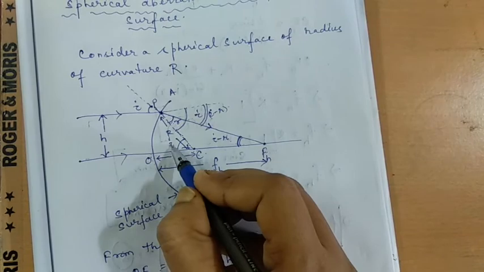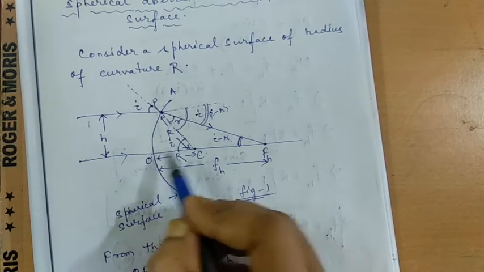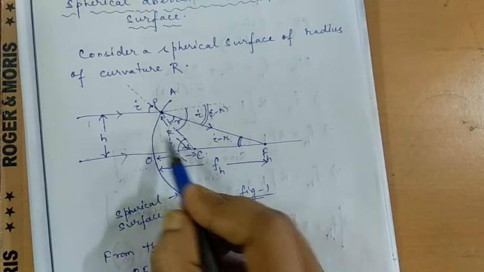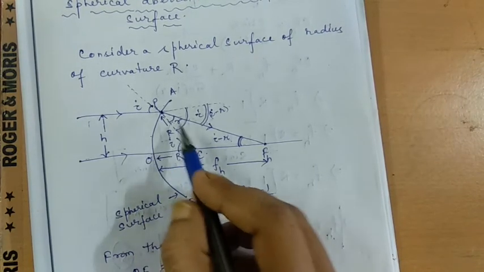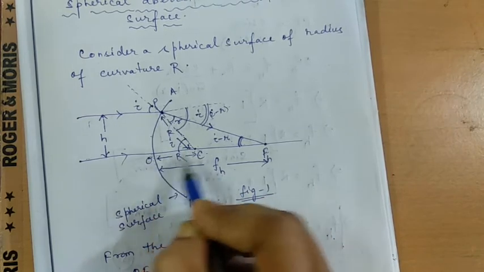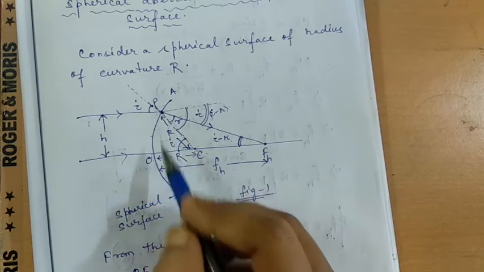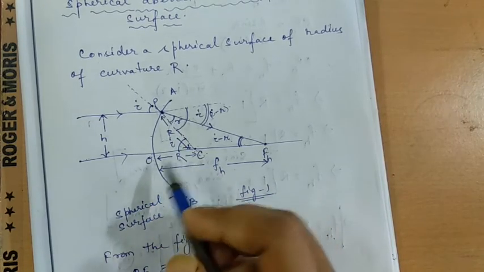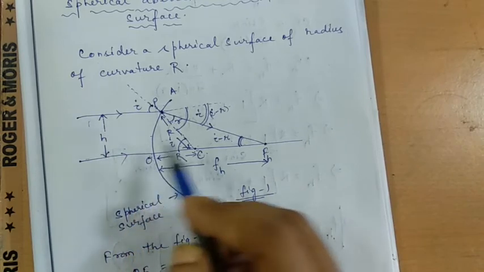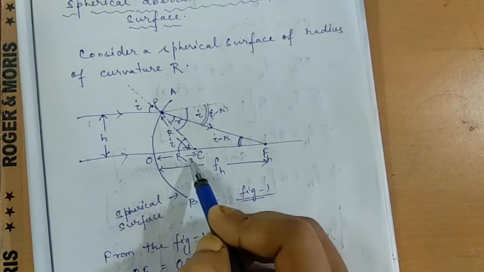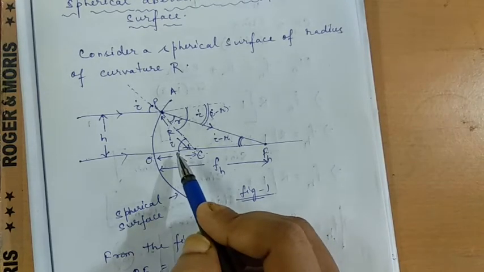So for sin i, the side in front of the angle is the perpendicular, and this is my base and this is my hypotenuse. So your sin i is equal to OP by OC. Now the OP value is h, and the OC value is R. So from this you get sin i.